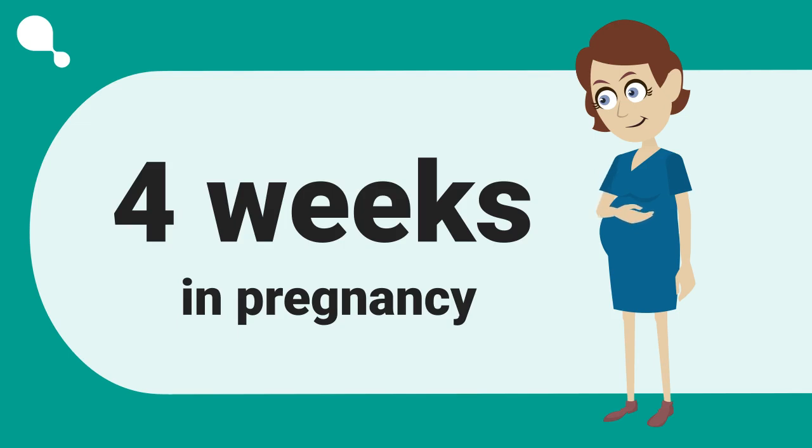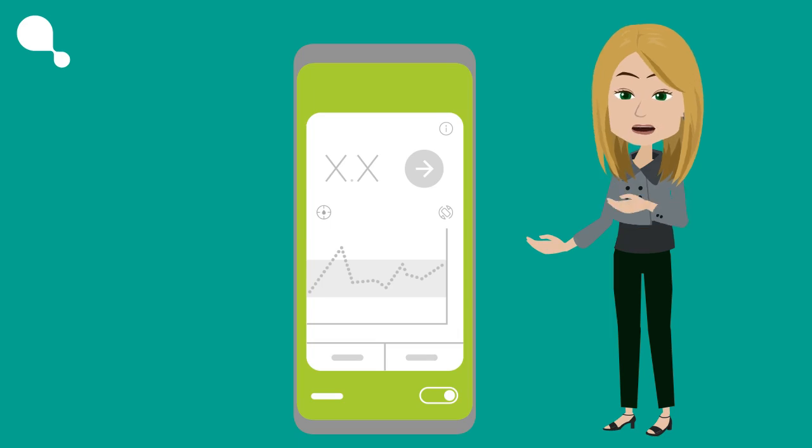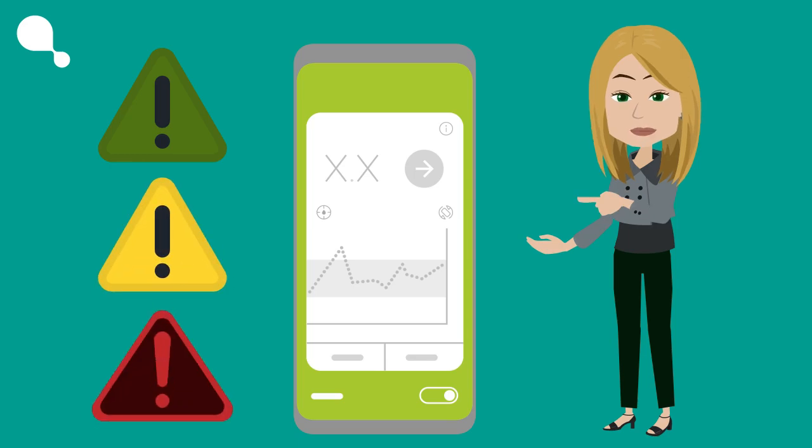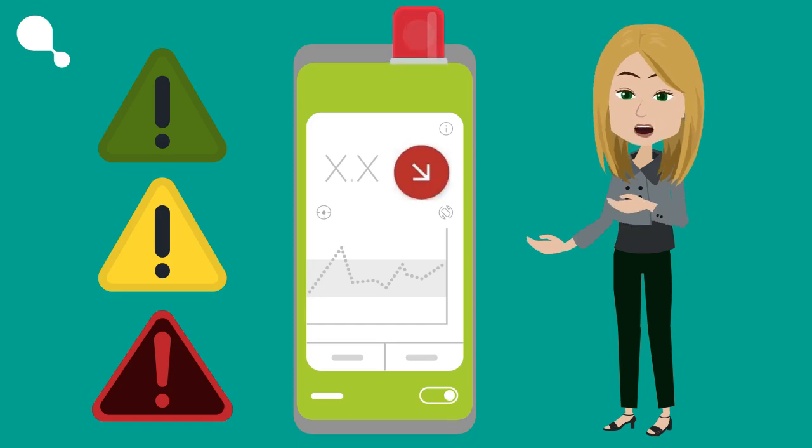We recommend that the pump basal settings are updated about every 4 weeks on the pump as your insulin needs increase throughout your pregnancy. You may also like to think about what alerts you set in the app to help you respond to highs and lows at the different stages of your pregnancy. Please speak with your diabetes team about what alerts are right for you.